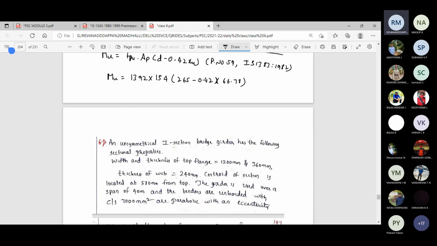Therefore, Mu is equal to 50.79 into 10 power 6 Newton millimeter, or Mu is equal to 50.79 kilonewton meter. To this, this problem is completed.